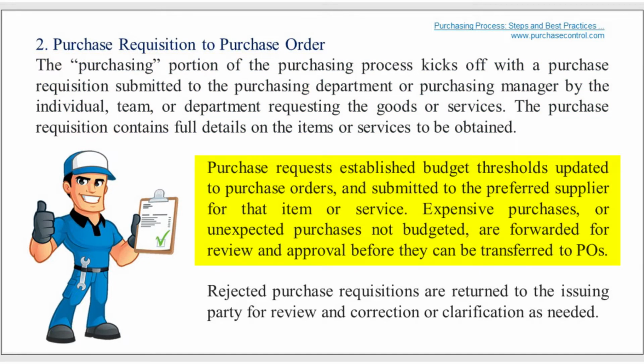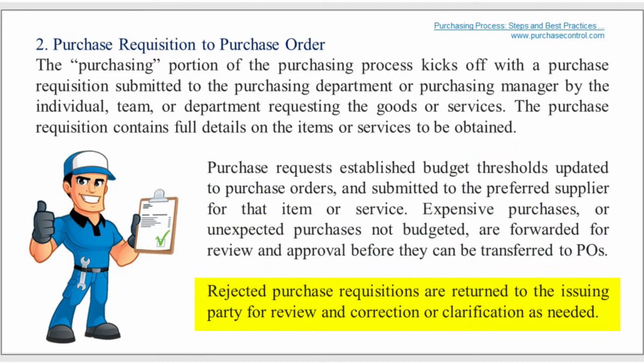Purchase requests within established budget thresholds are updated to purchase orders and submitted to the preferred supplier for that item or service. Expensive purchases or unexpected purchases not budgeted are forwarded for review and approval before they can be transferred to purchase orders. Rejected purchase requisitions are returned to the issuing party for review and correction or clarification as needed.